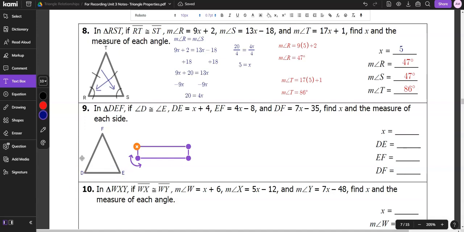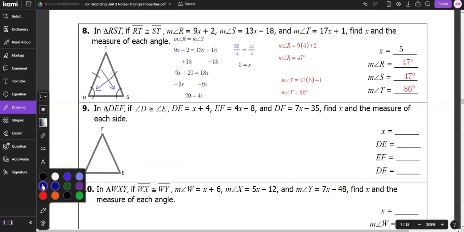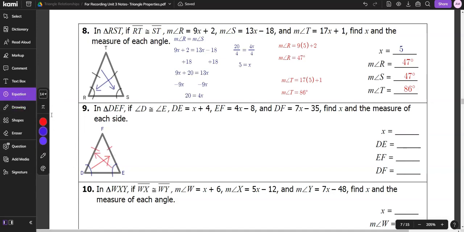Again, since they are telling me that angle D and angle E are congruent, that means the sides opposite those angles, so FE and DF, are congruent. So that is some information we want to put down.